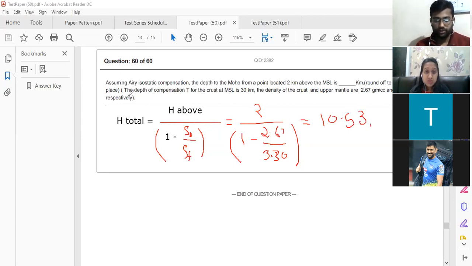Okay, but here the depth of compensation T for the crust at MSL is 30 kilometers, is given. So the depth to the Moho from a point located 2 kilometer above the MSL, so we need the distance from MSL to Moho. Is already 30 plus 10.5. Get 40.5.